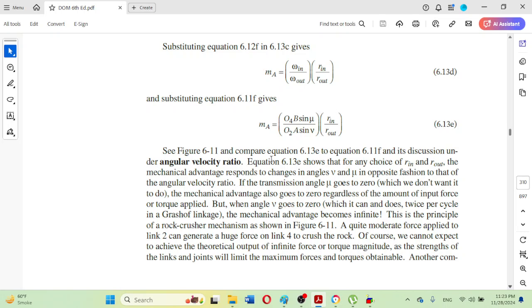Equation 6.13e shows that for any choice of r in by r out.